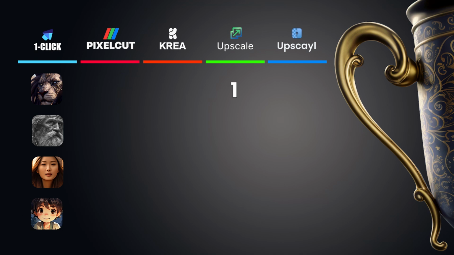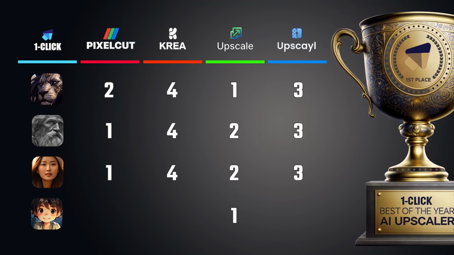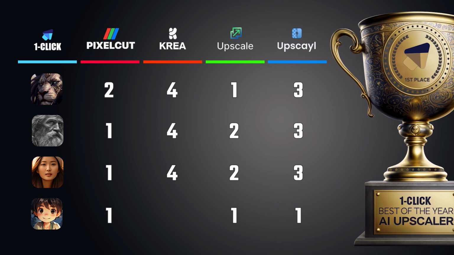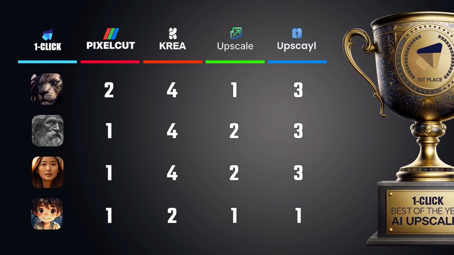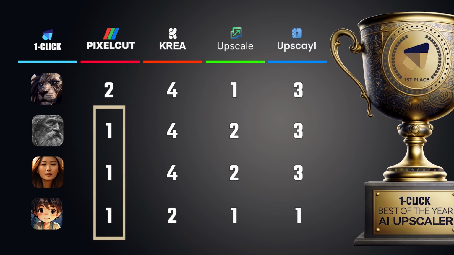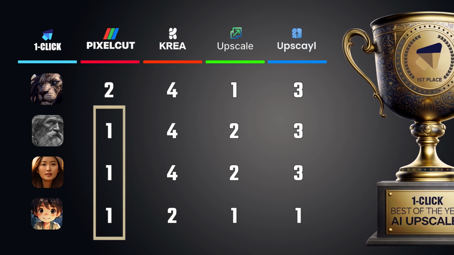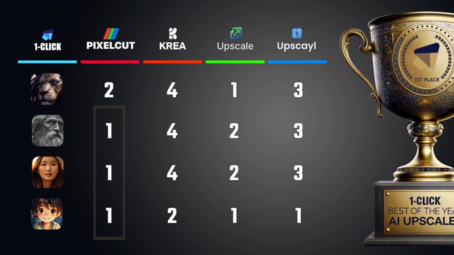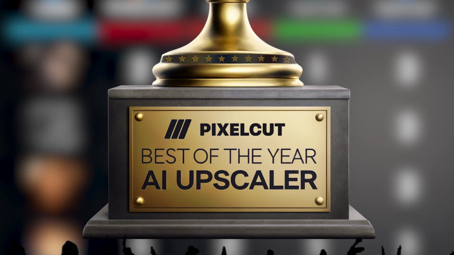So with these results, Upscale.media, PixelCut, and Upscale with Y get the same results, and Krea.ai gets the last place. And so with these results and with 3 wins, 1 click tutorials, this year's best AI upscaler app goes to PixelCut.